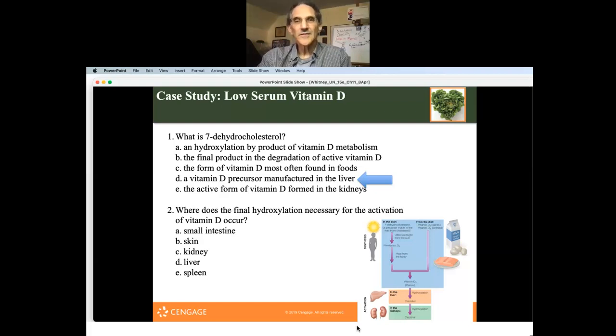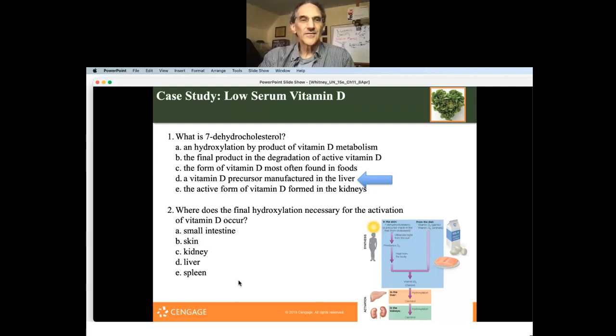So it is formed in the liver, and it is transported to the skin. As you can see in this little figure on the bottom right, it's going to be in the skin, ready to be transformed toward vitamin D. So that is formed in the liver and is in the skin, ready to be activated and go through the processes to make active vitamin D.